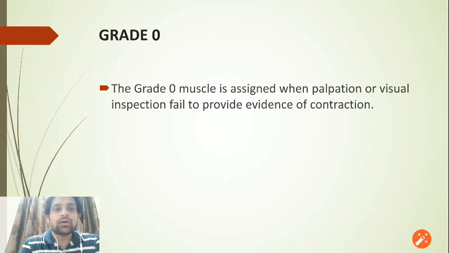Grade 0 is assigned when palpation or visual inspection fail to provide evidence of contraction. That means there is no activity, no visible contraction, and no contractile activity on palpation. So this is grade 0.